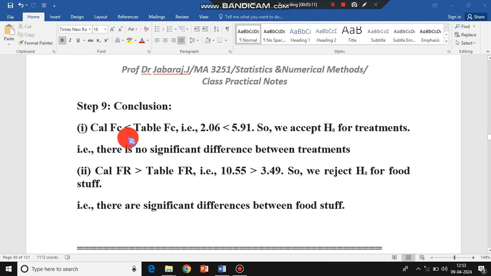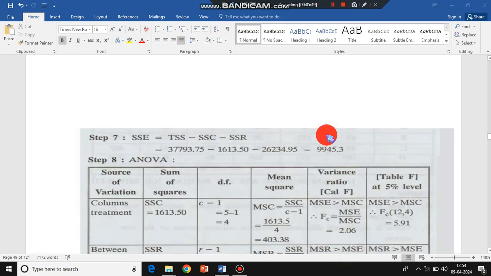So the calculated value of column wise is less than the table value of column wise of f statistics. That is, 2.06 is less than 5.91. Therefore, the calculated value of f column wise is less than the table value of f column wise. If this is the case, we have to accept H0 for treatments, because column wise we are taking treatments here.